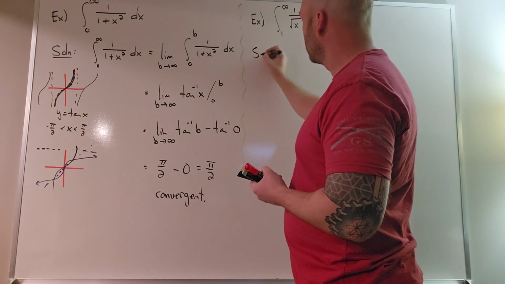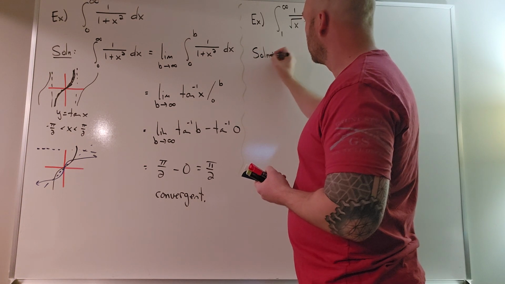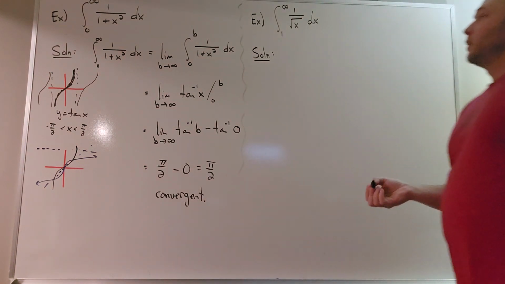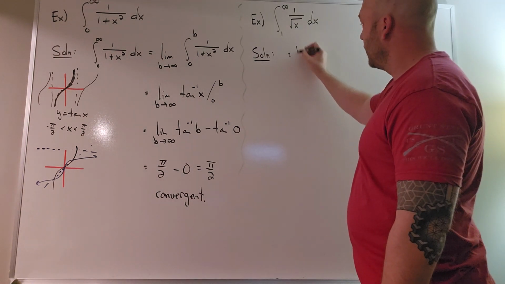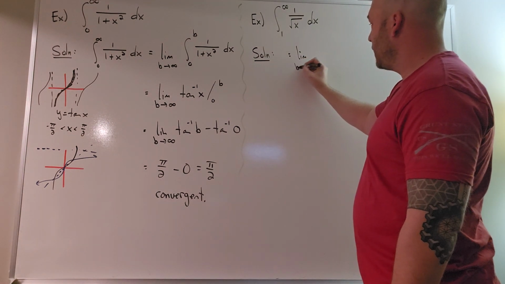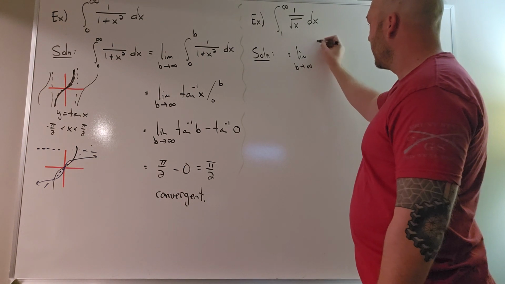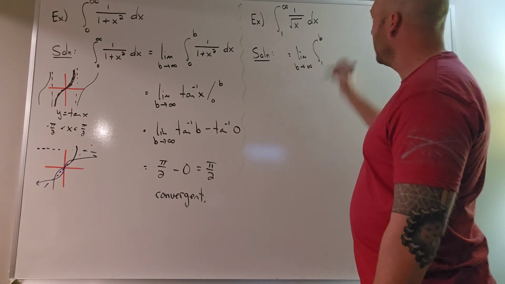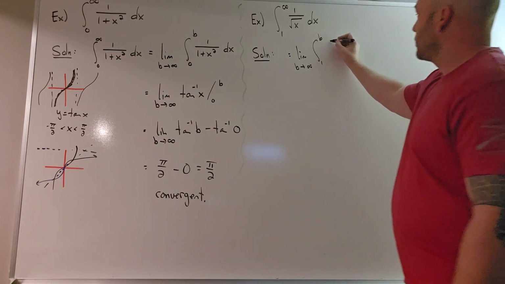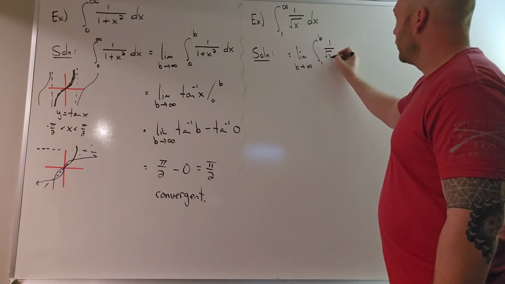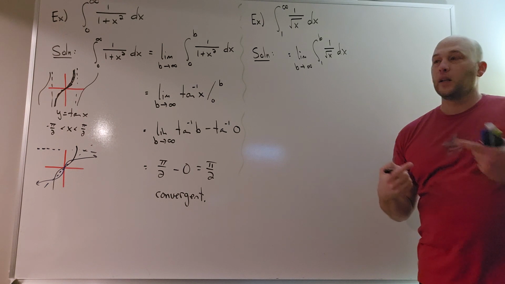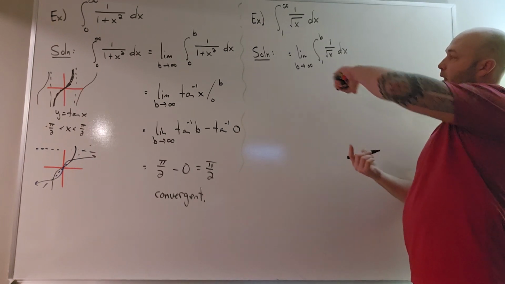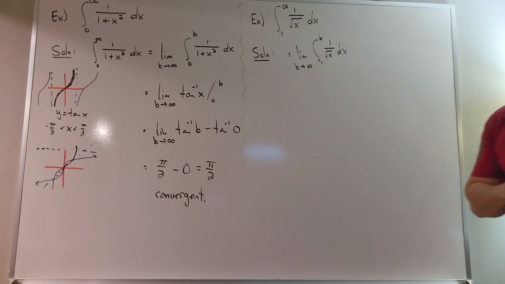Solution. First thing is a symbolic change. We're going to write this as the limit as b approaches infinity of the integral from 1 to b, and let's leave it alone for the moment, 1 over root x dx. So I have to change the infinite limit of integration to a limit at infinity.